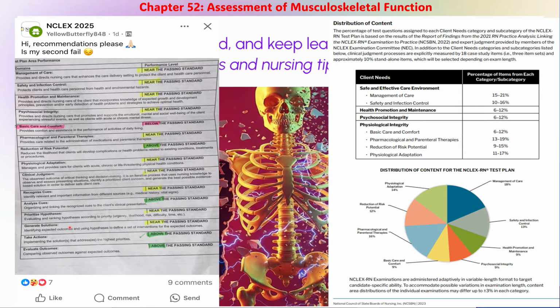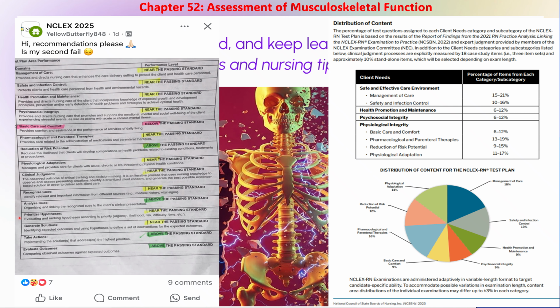Analyzing the cues: how do the clinical manifestations correlate to the underlying pathophysiology? Prioritizing hypotheses: what could happen if these patient symptoms are not effectively managed? Generating solutions: what treatments are involved to manage this patient's condition?